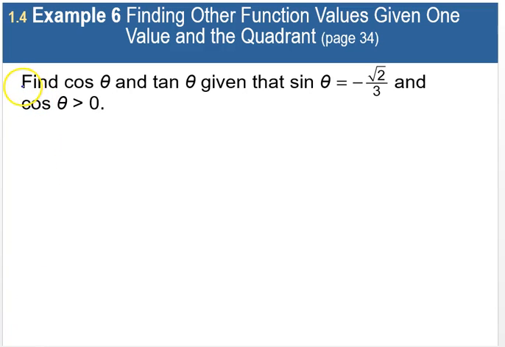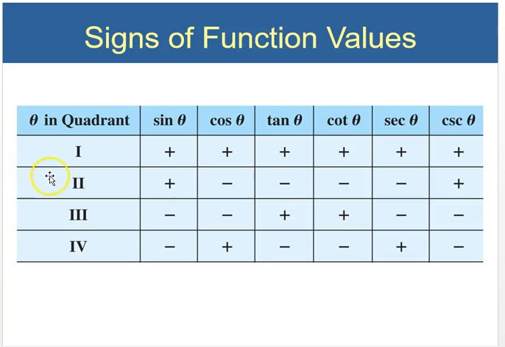Okay, so in this next example, we are asked to find cosine theta and tangent theta given that sine theta is equal to the negative square root of 2 over 3 and cosine theta is greater than 0, which means cosine theta, that function value is positive. So knowing that sine of theta, that value is negative, and cosine is positive, if we go back to this right here, sine is negative, but cosine is positive, that means we are in this fourth quadrant right here.